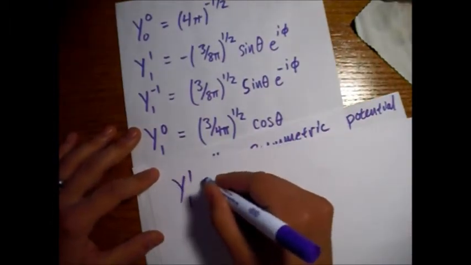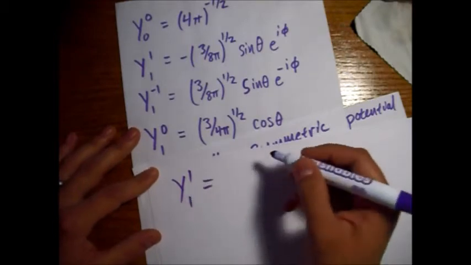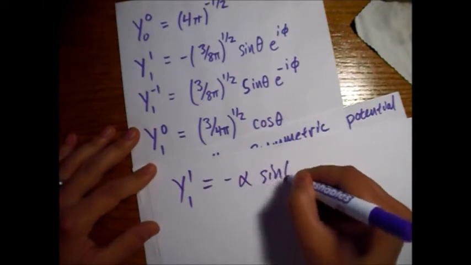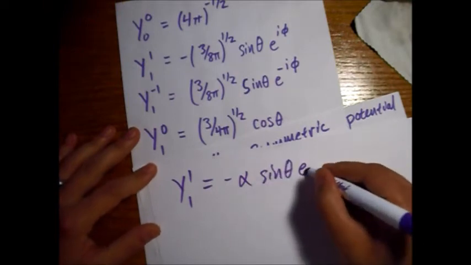So I'm just going to write Y11 equals, we'll just call it minus alpha sine theta e to the i phi.